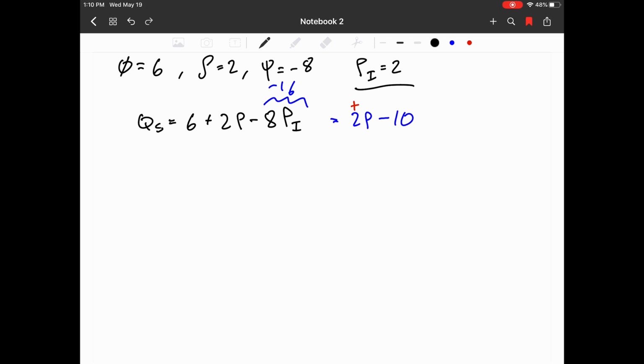All right, so again, we're going to use the notion of the inverse function to get the inverse supply curve. So we just invert the relationship to give us price as a function of QS and PI. And I won't solve this all out on the screen here, but it's a good test of whether you can invert functions.